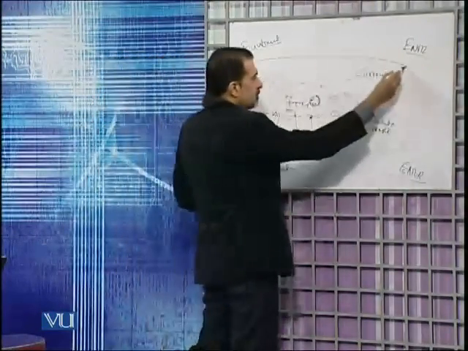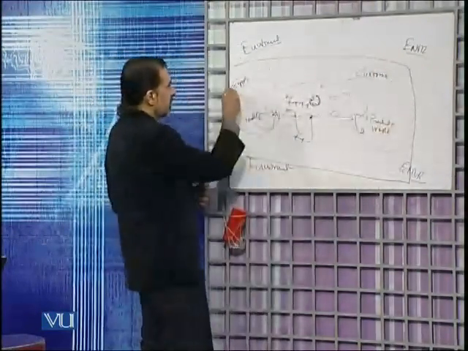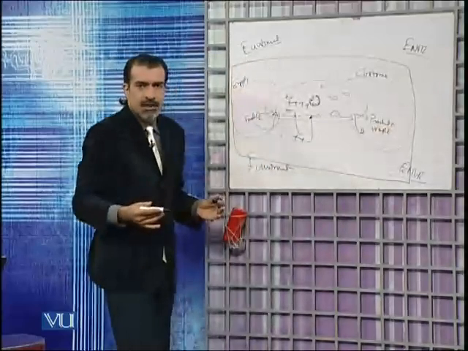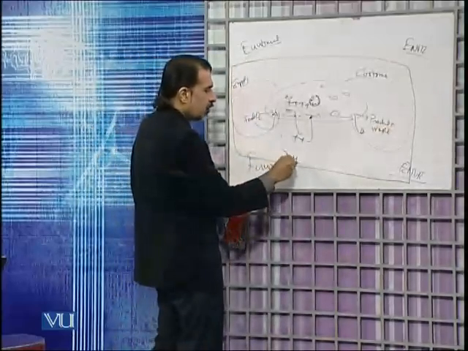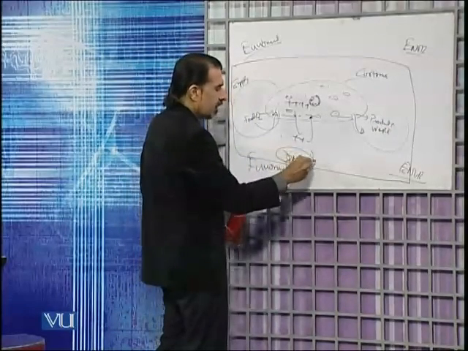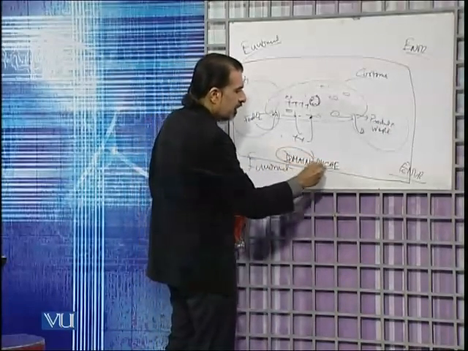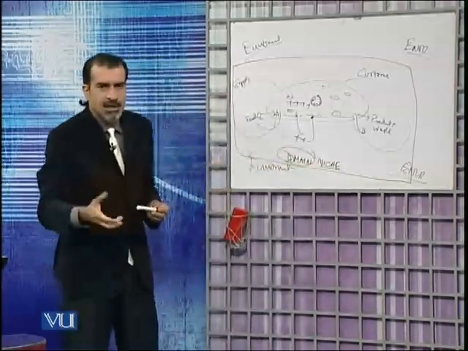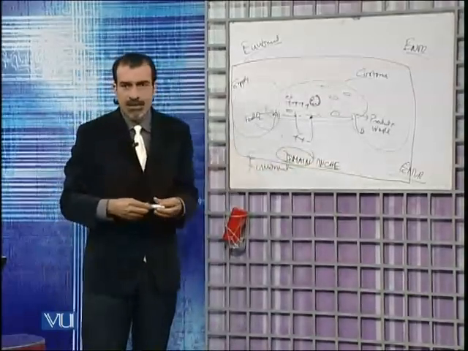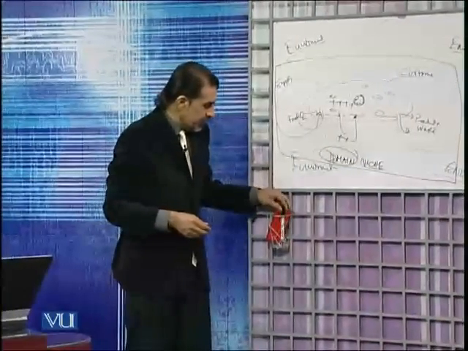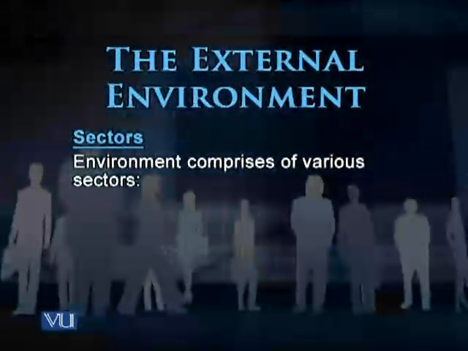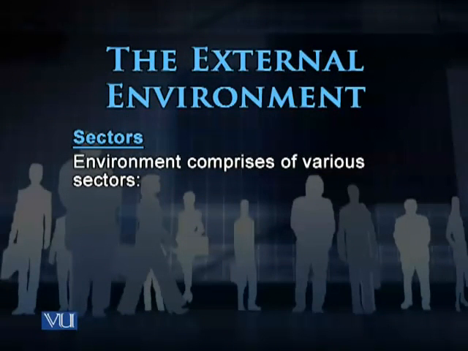So if we draw this boundary as representing the domain of the company, now we are talking about a domain of environment which is in fact the niche which that company has carved out for itself in this particular environment. Now, the literature suggests that environment generally consists of various sectors, and there are 10 such sectors which are mentioned in the literature, and we will cover them briefly, discuss them one by one.